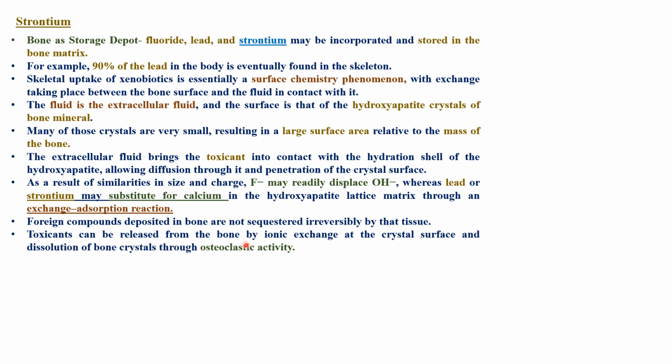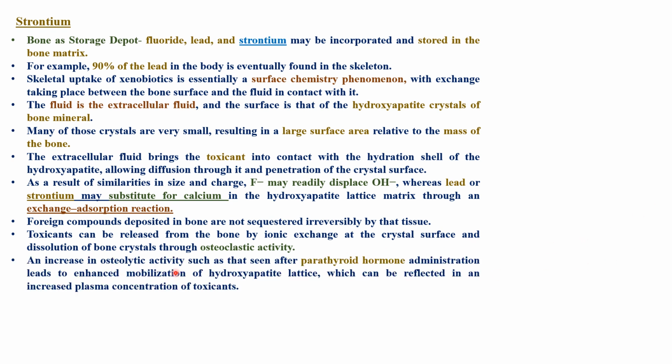Toxicants can be released from the bone by ionic exchange at the crystal surface and dissolution of the bone crystal through osteoclastic activity. An increase in osteoclastic activity, such as seen after parathyroid hormone administration, leads to enhanced mobilization of hydroxyapatite lattice, which can be reflected in an increased plasma concentration of toxicants.